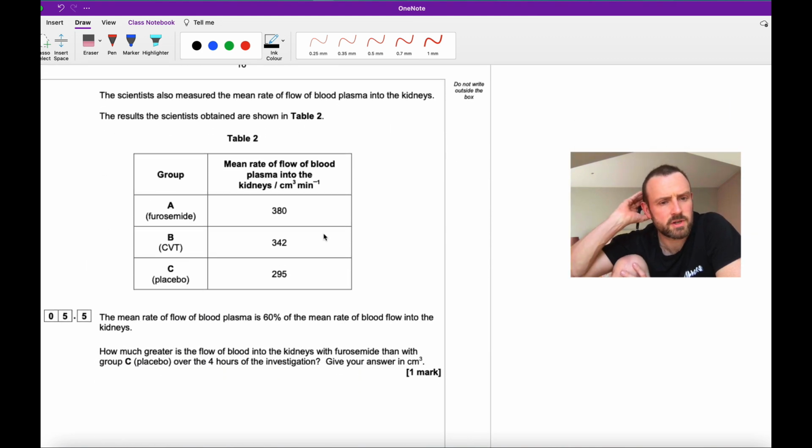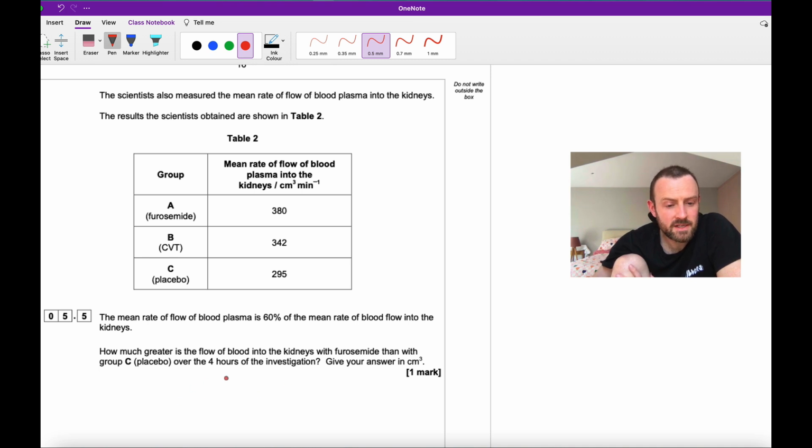The scientists also measured the mean rate of flow of blood plasma into the kidneys. Here are the results. So we've got 380, 342, and 295. The mean rate of flow of blood plasma is 60% of the mean rate of blood flow into the kidneys. So what that's saying is essentially that blood is 40% cells and 60% plasma, I think.